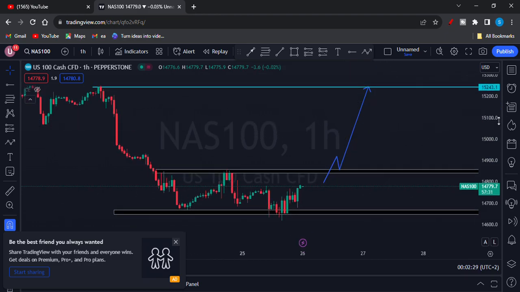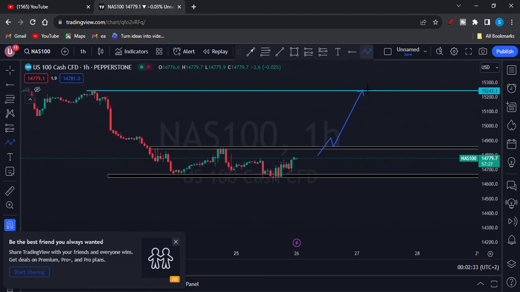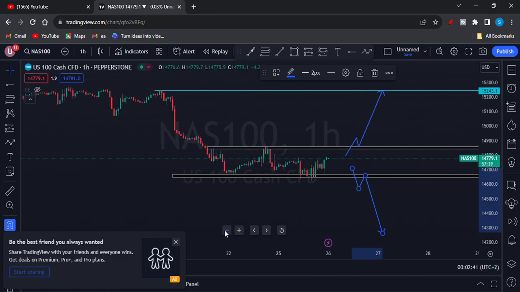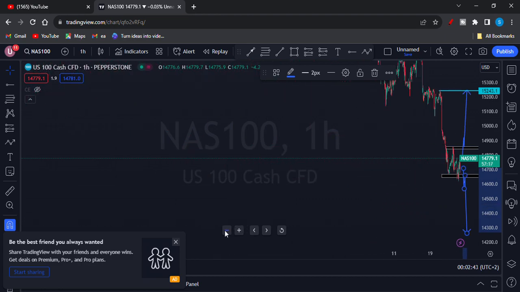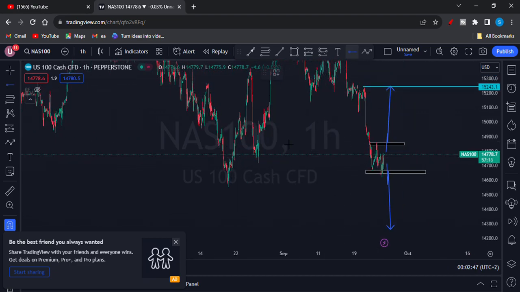And if this doesn't happen, then if the market decides to sell, I'll expect a break, retest around these areas, and then sell, and then potentially up to there.